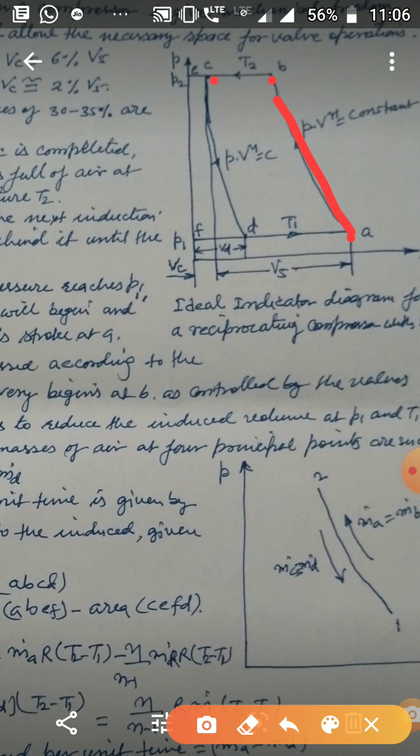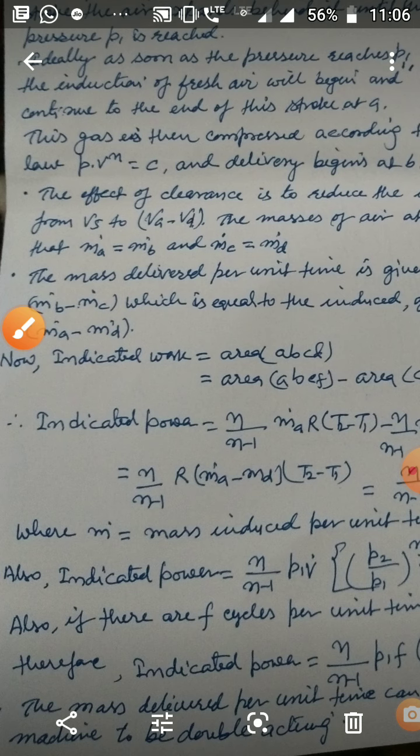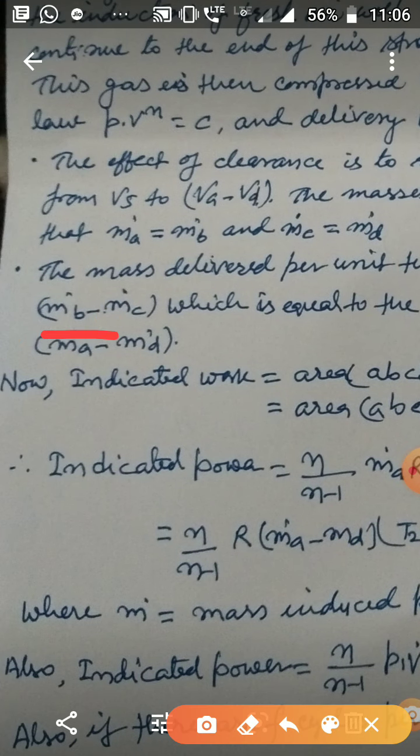Similarly, from point C to point D the mass will be constant, and the expansion of the air inside the clearance volume will take place. So here the mass delivery per unit time is given by m dot B minus m dot C, which is equal to the induction m dot A minus m dot D.